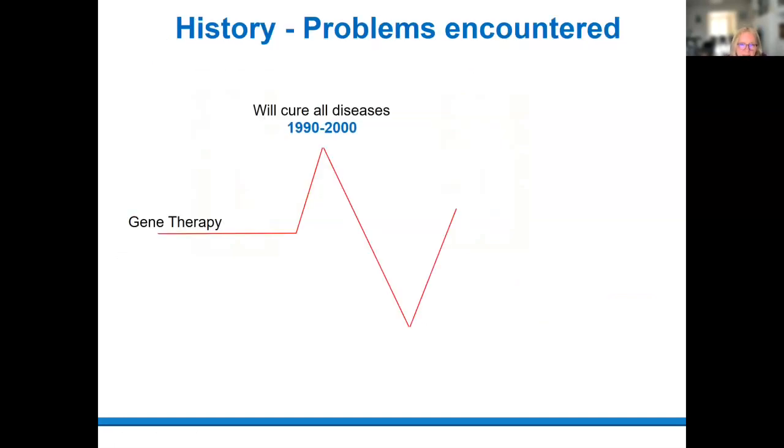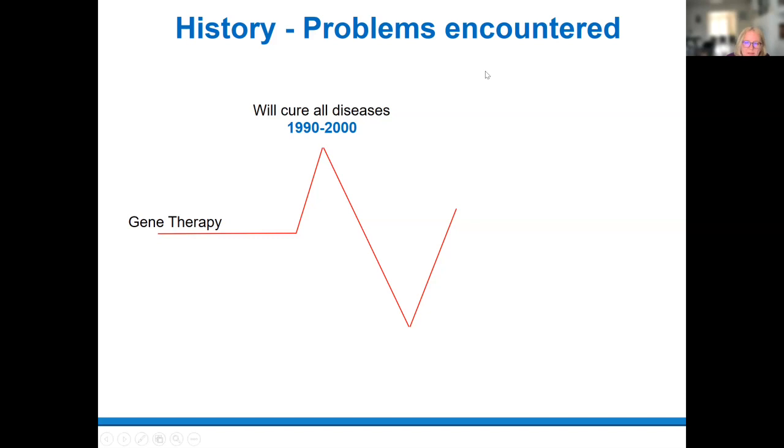Now, a little bit about the history and the problems encountered. In the 1990s, the concept of gene therapy became very, very popular, and over 10 years up to the early 2000s or so, there was a big hype about gene therapy. Everybody thought gene therapy would cure all diseases known to man very quickly.